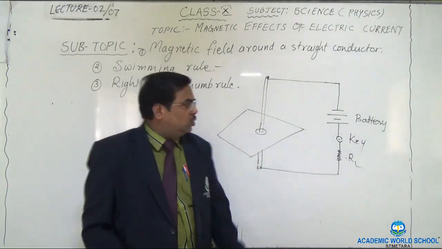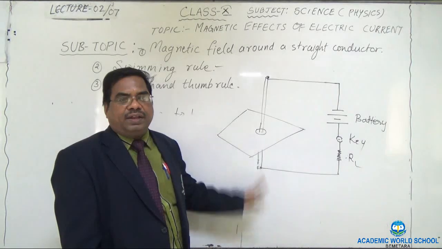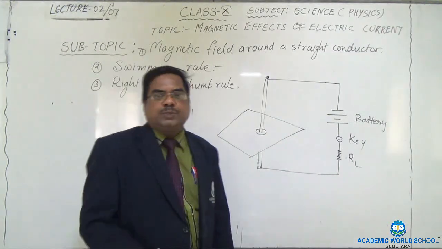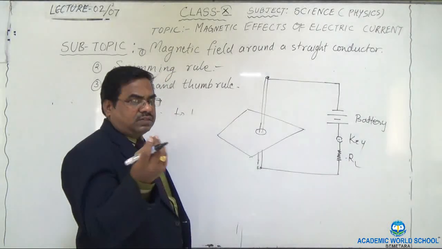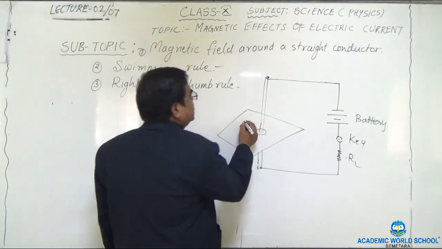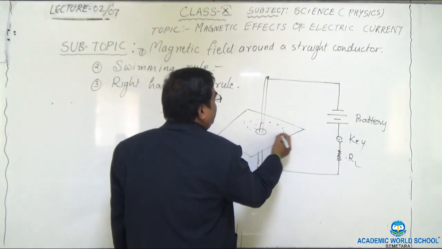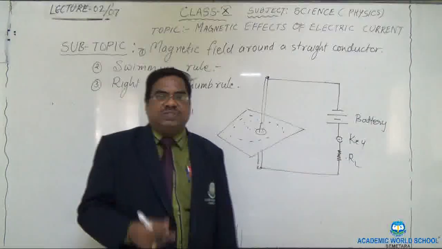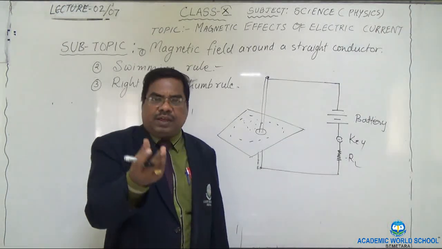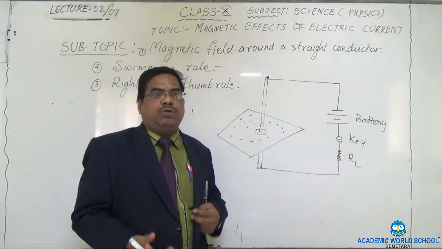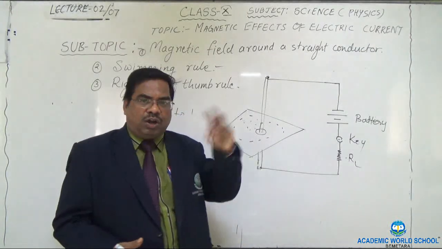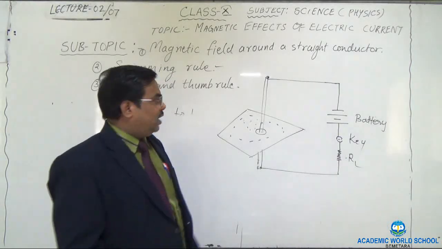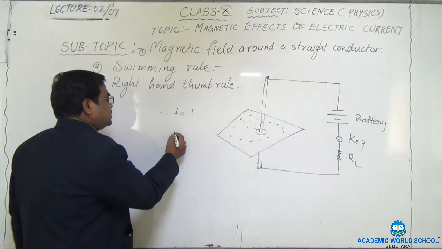Now, to find out the shape of the magnetic field around this, first of all you have to sprinkle iron particles, iron dust, in the form of small particles of iron. You can use those salt and pepper sprinklers you must have at home on the dining table. In one of them you can fill iron filings.